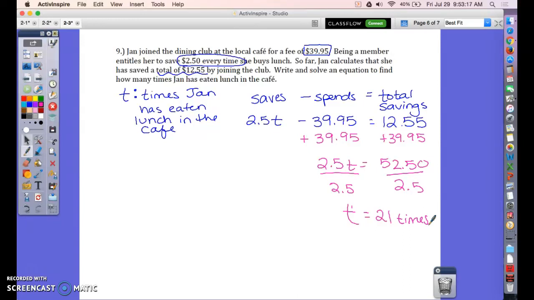I know I went over that very quickly, but think about how if you have to spend money to join the club to start, that takes that away from the savings, right? So she had to take away the $39.95. She really saved $52.50 on eating out, but after spending $39.95 just to get that discount.